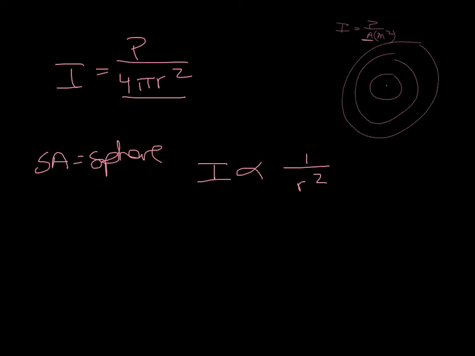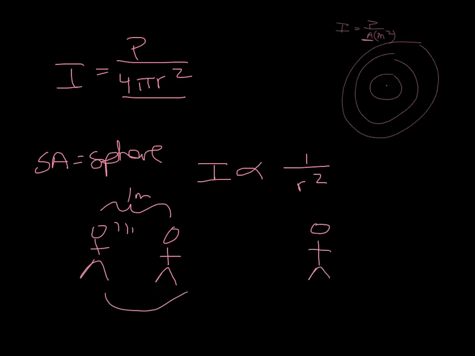So if I'm sitting here, talking, and you're sitting right here, 1 meter away, and the back row people are sitting back here, 3 meters away, the distance from me is 3 meters. You're going to take that distance and square it.